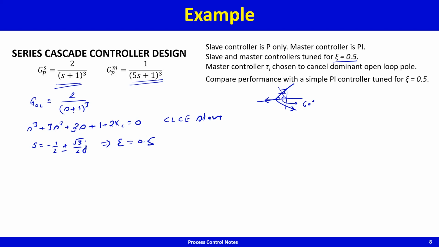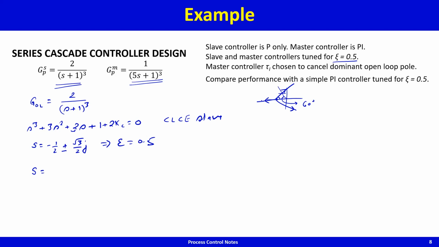It's a third order system, so there must be a third root. By conservation of roots, if these two roots move right, this root must move left.